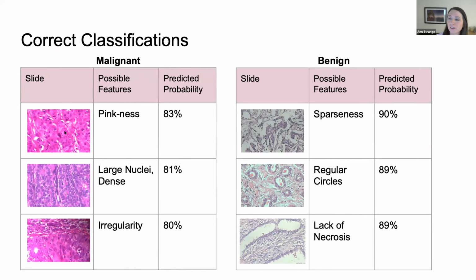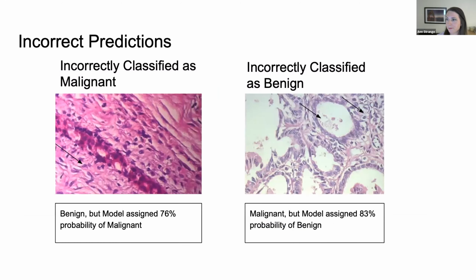But it does appear that there's a reliance on pinkness for the malignant predictions. And this is something that may be a limitation of the model because we know there's a lot of stain variation coming from the lab and the pathologists that should not be too strongly weighed as a predictor for malignancy. So that's something we have to be careful about.